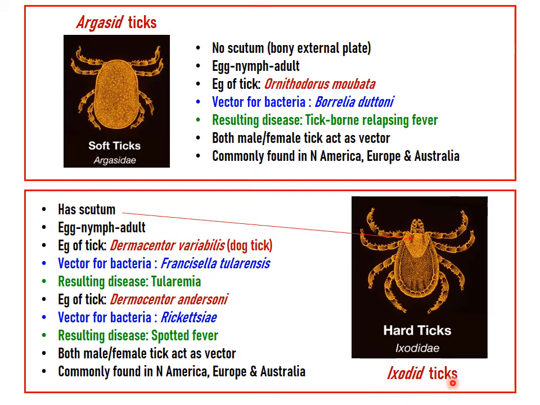For the hard tick, the ixodid tick, the dog tick can harbor a bacteria and it can result in tularemia. Other bacteria can be found as well in the hard tick, and these bacteria can result in spotted fever.